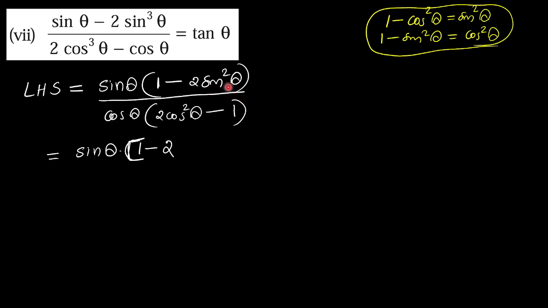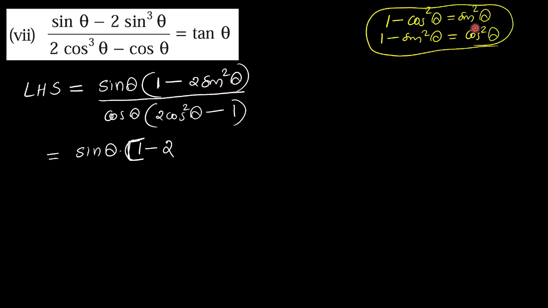So let me write sin square as 1 minus cos square, because the denominator contains cos square. If the numerator also contains cos square, there is a good chance that both terms cancel. Let us try that possibility.